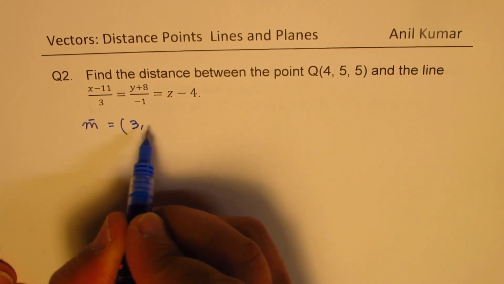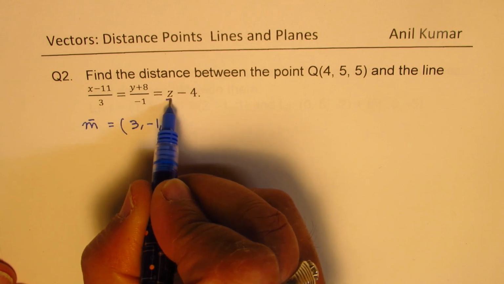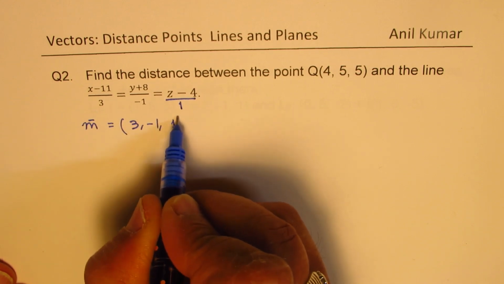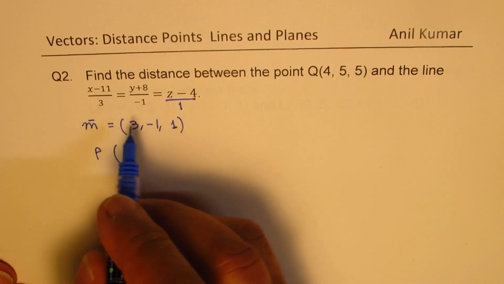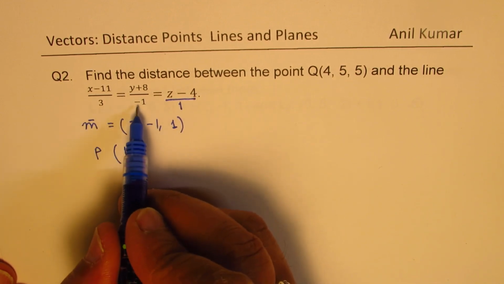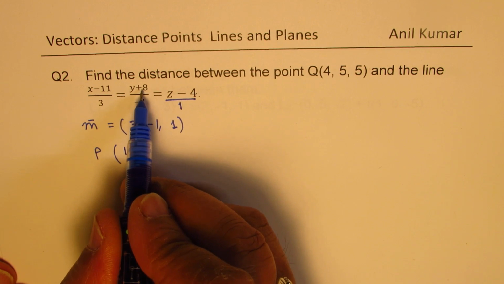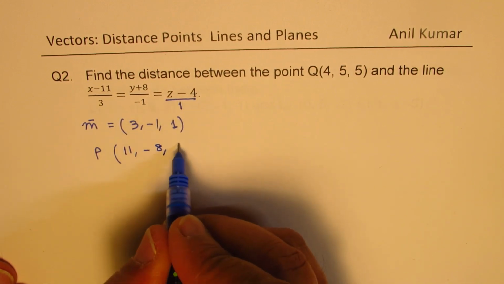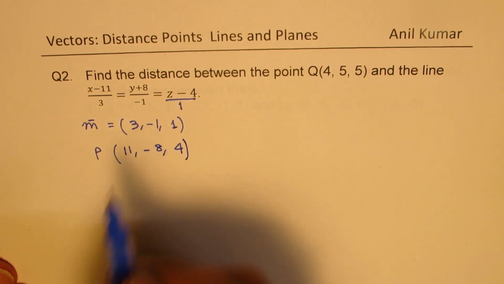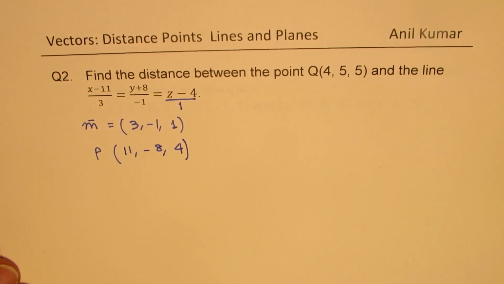Direction vector is 3, minus 1, 1, correct? The point given to you is 11, minus 8, and 4.